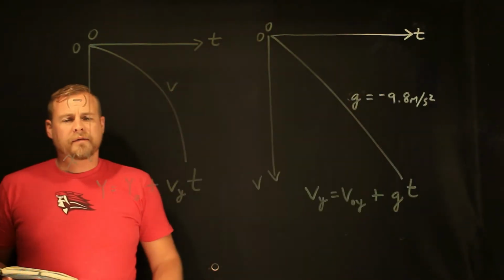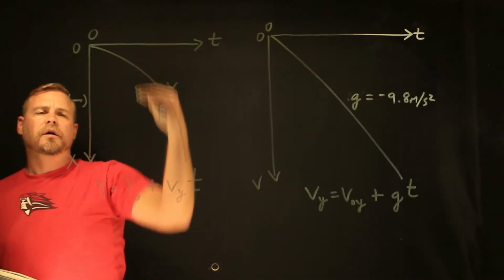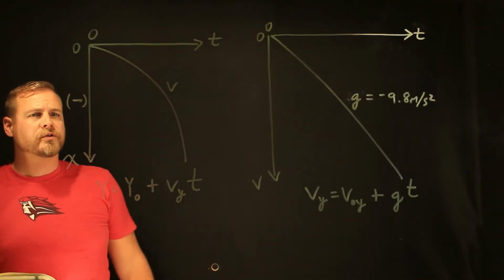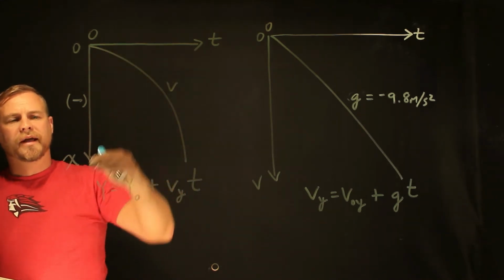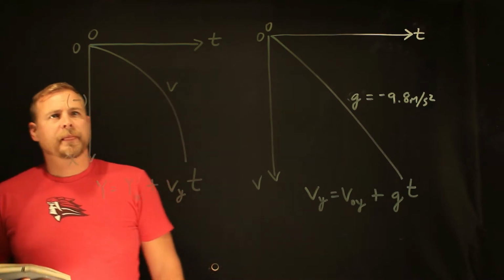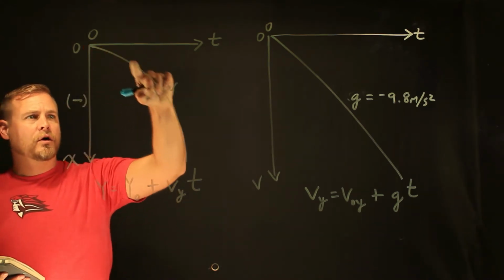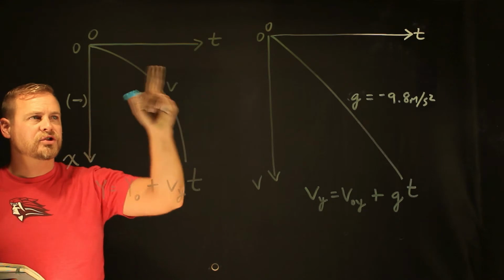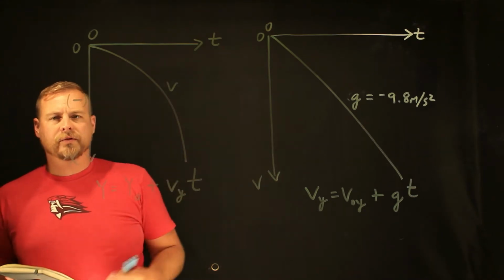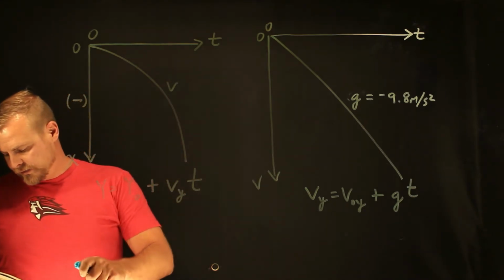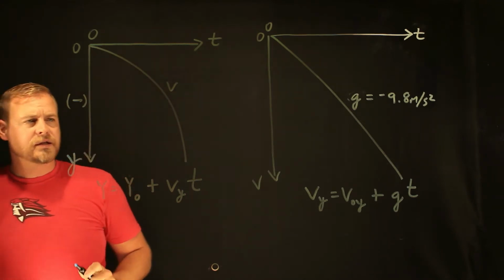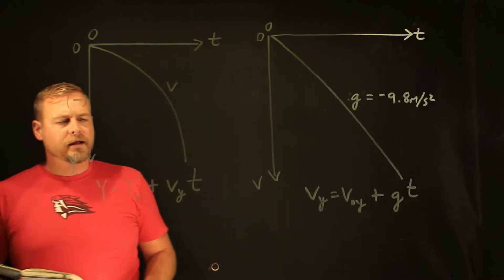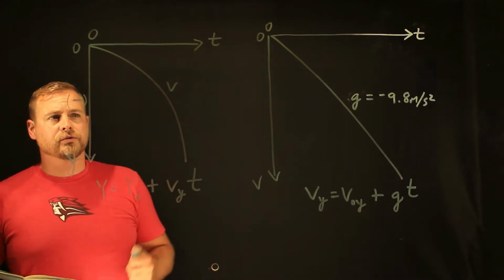So when we are graphing position time graphs, usually we're in the lower fourth quadrant here, where you have positive t values but negative positional values. And when you see a curved effect on a position time graph in the y dimension, typically you're looking at an acceleration due to gravity.